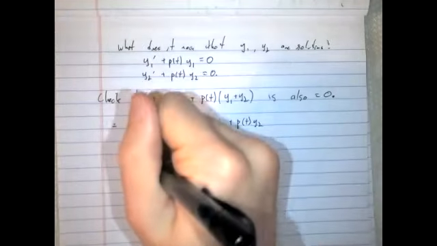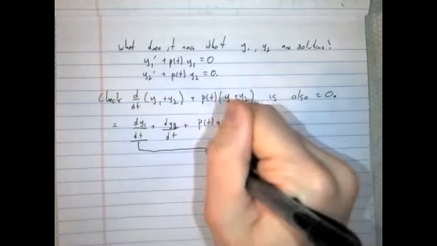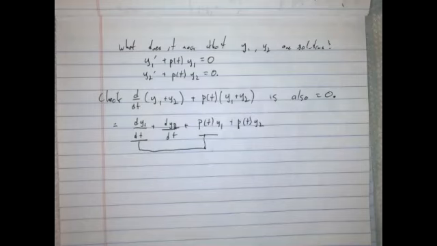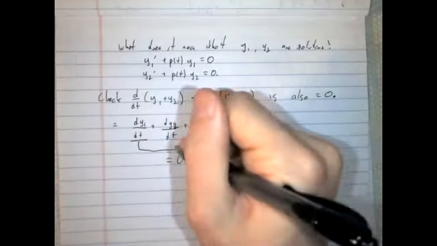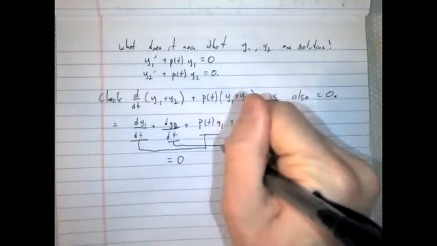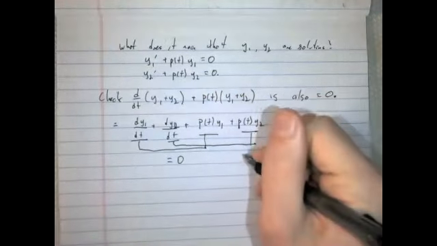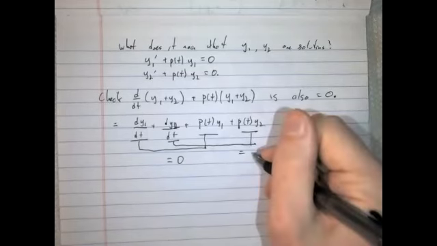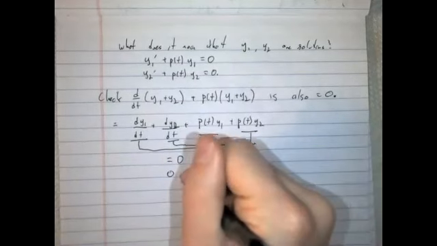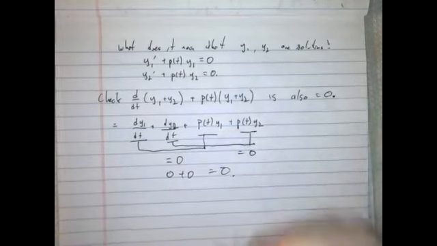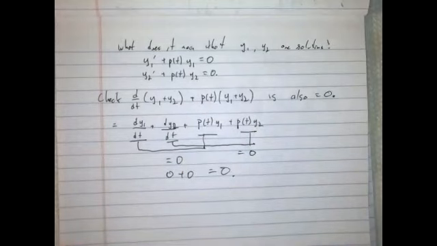Now collecting terms, this plus this is equal to what? 0. This plus this is equal to? Also 0. So we get 0 plus 0 is indeed equal to 0. So the sum of solutions is also a solution.